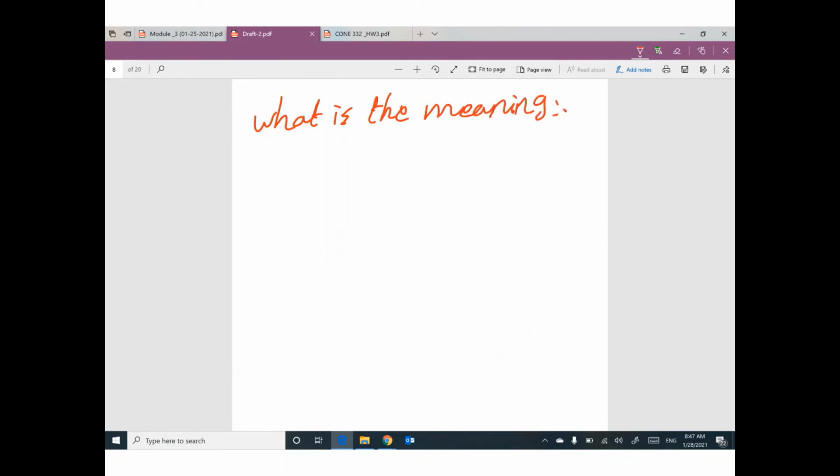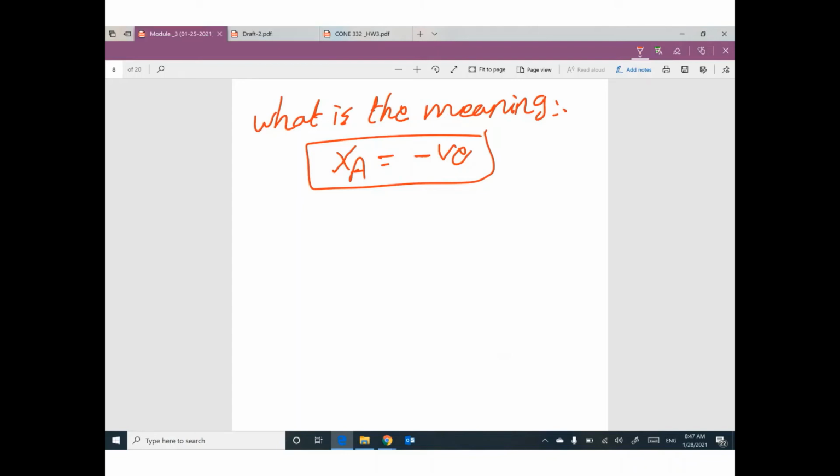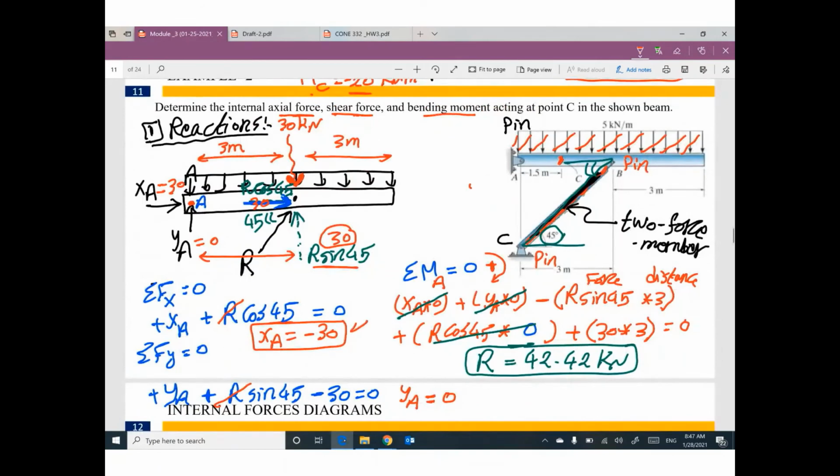That one of your reactions equals a negative value. What does it mean? What is the meaning that one of your reactions equals negative? Any answer?